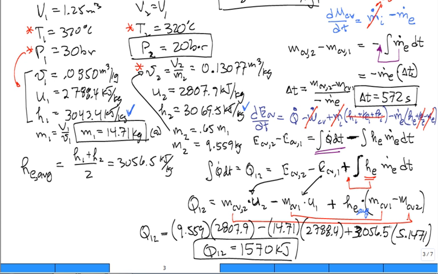So about 1570 kilojoules. When you do the change in mass, why don't you do final minus initial rather than... All right. Yeah. Let me see if I can come back up here.